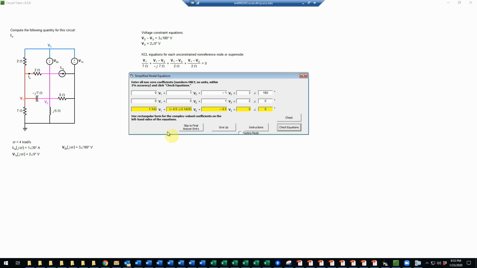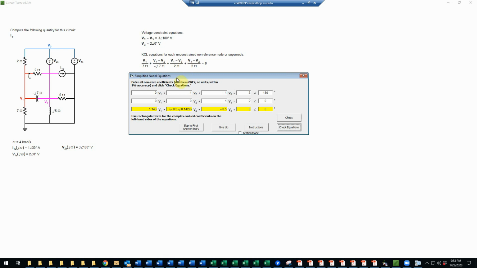Okay. So let's triple check that then. So again, v1 is 1/7, and then we have 1/2 and 1/2. Those both have plus signs, so that should be correct. And the v2, again, negative, cancels a negative, so you have 1 over j sevenths, and that will be negative j times 1/7, so that should be good.